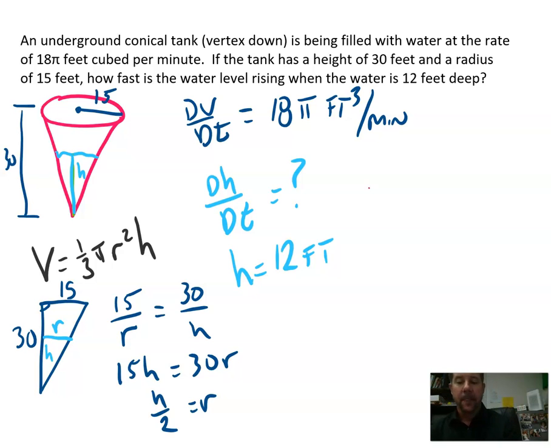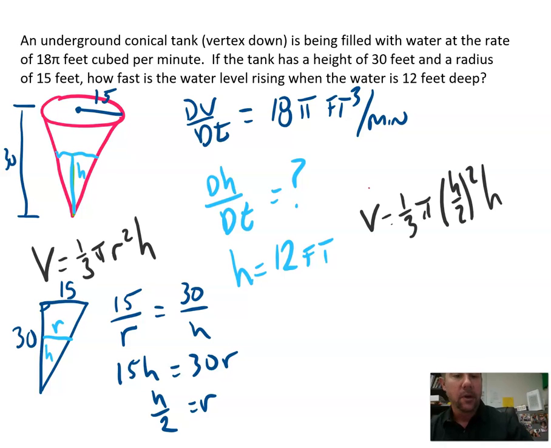All right. Now that I know that, we can come back to our original equation here, and I can plug in for r. V equals 1/3 pi, r is h over 2 squared, times h. Or now we get V equals 1/3 pi h squared over 4 times h.